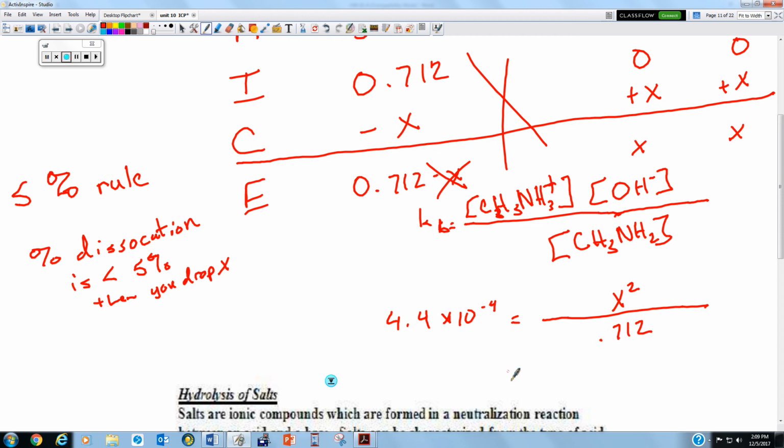So I don't want to deal with it right now. So that means that X is equal to what? It's going to be a really small number.